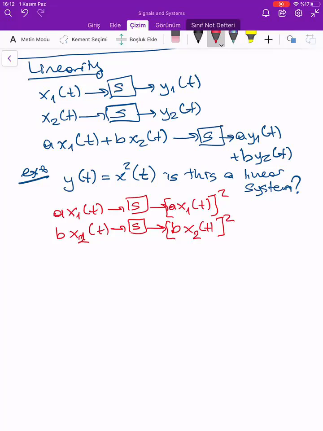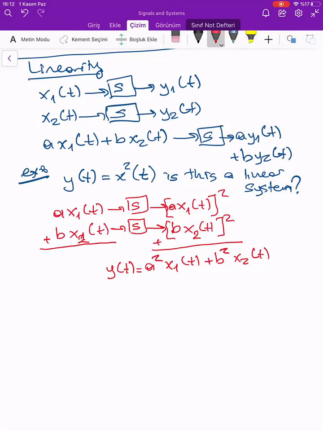If I add these two, my output should be a squared x1 squared of t plus b squared x2 squared of t. This is how we start the proof.